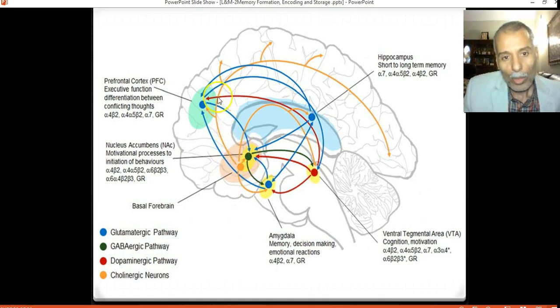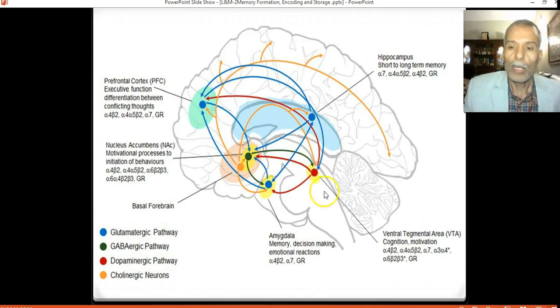So the pathway goes all over the frontal cortex and the parietal cortex and to the visual cortex. All of this is part of the acetylcholine pathways circuit. And then it goes again into the limbic system, again here. So it's quite significant.